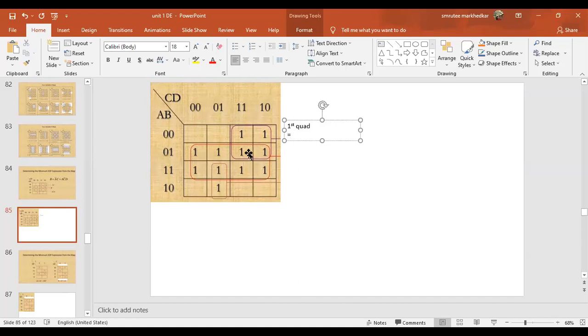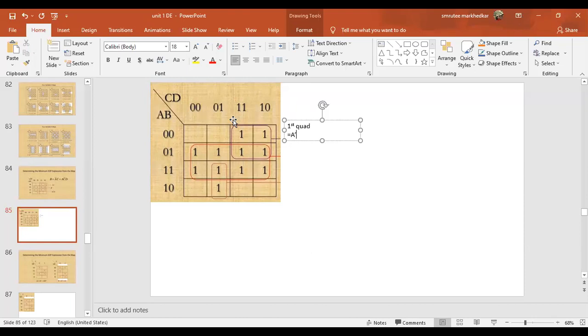If you remember the rule we said last time, whichever is the similar term, you write it down. So I am writing A bar because I found that in the first row and second row, A bar is the same, whereas B is complementary, 0 and 1. So I have picked up only what was common, and the complementary one I have ignored.